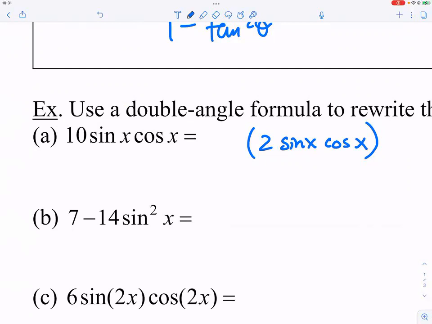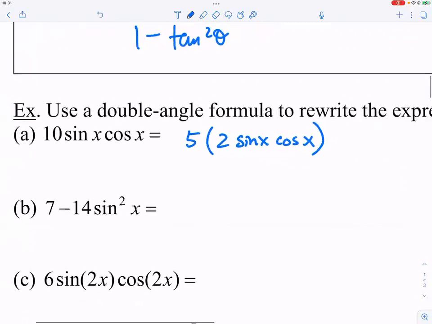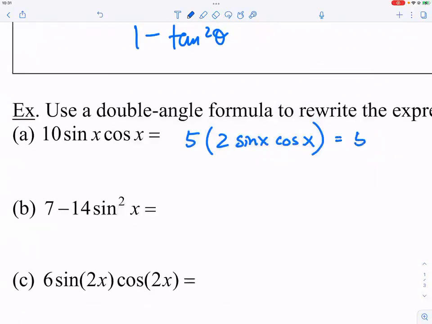What number should be there? There should be a 5, because that's how you get a 10. And once you get that done, then we'll be like, oh, so 2 sine x cosine x is simply sine of 2x. Right, this is sine of 2x. Done. That's it.